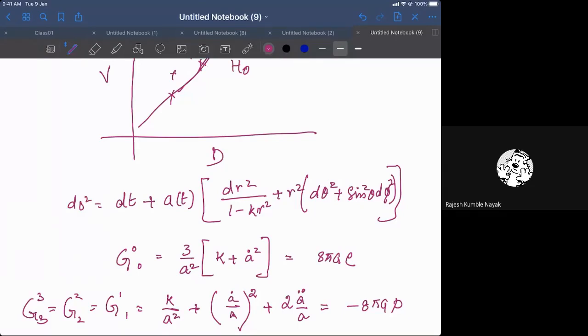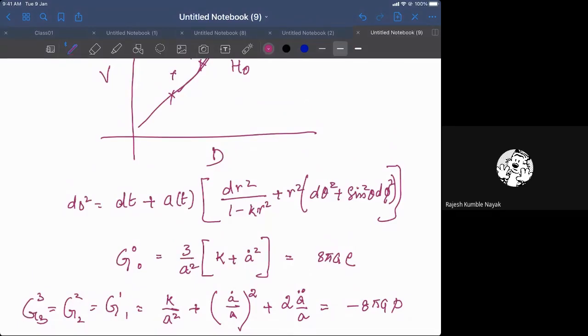Given the relation between density and pressure, the equation of state, as we have done for the star, you can integrate this equation and construct all the cosmological models. So this is a major dominating equation.